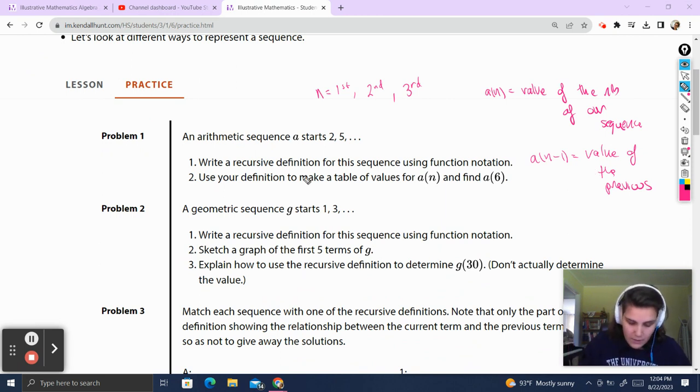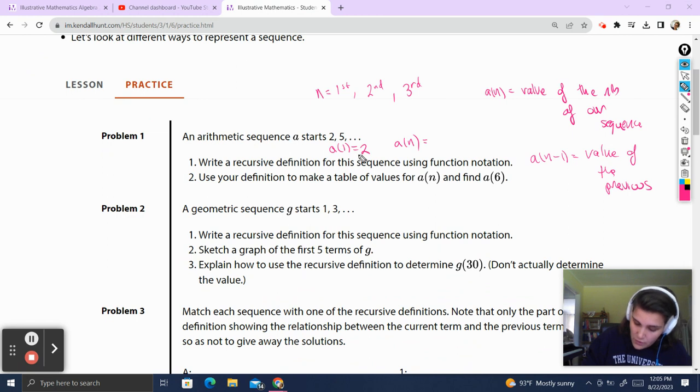So write a recursive function for this sequence using function notation. So we start at 2. That tells me that A of 1 is equal to 2 because the first value in my sequence is 2. Now, using this information, I want a formula for any value in the sequence.